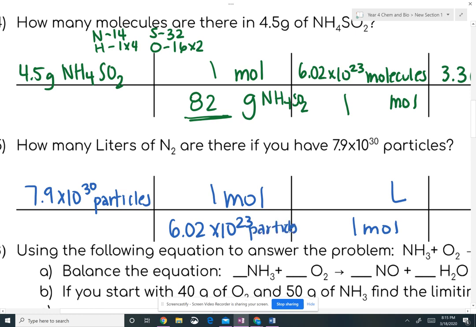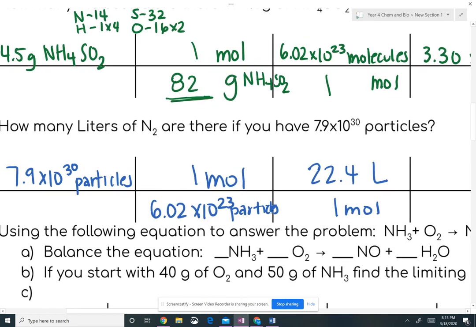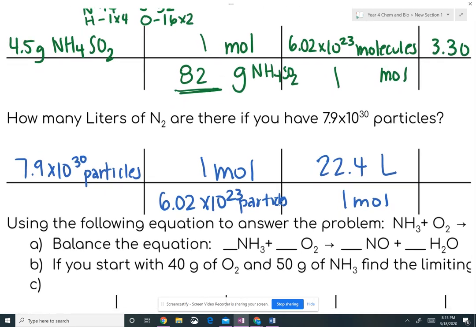And then I'm going to convert to liters. So I need 22.4 liters in 1 mole, right? So you see that I have like a multi-step thing going here. Then I'm going to multiply across, and I'm going to divide.